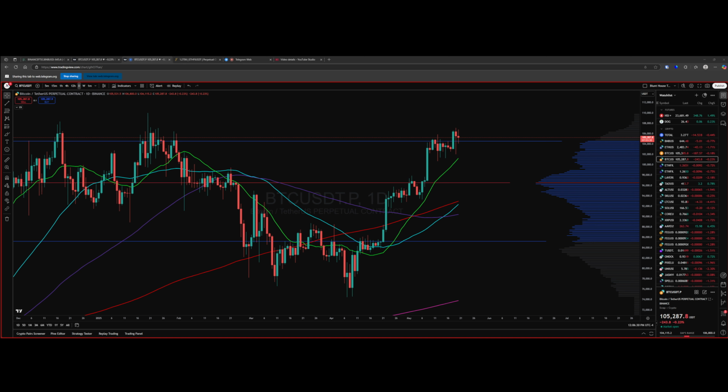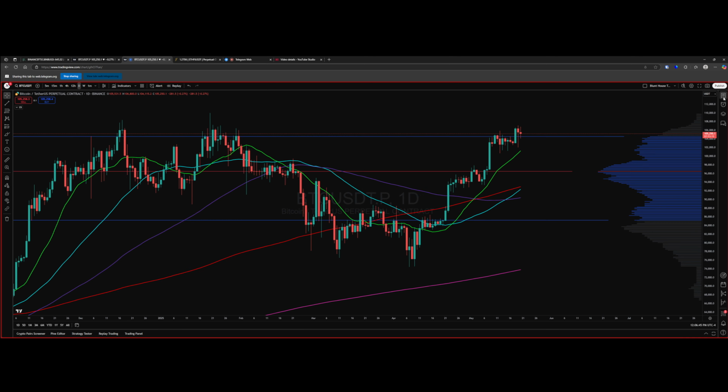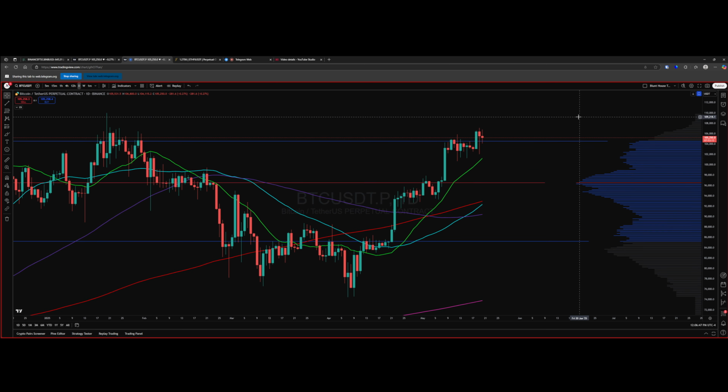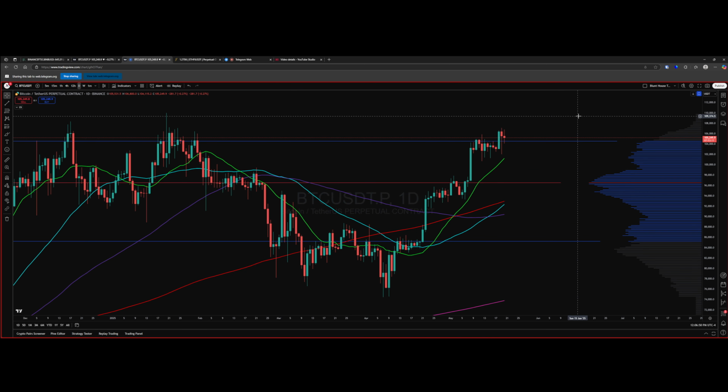What we're looking at today is just the daily chart of Bitcoin. The reason I'm showing it to you is because I know there's a lot on that chart, and I completely acknowledge that. Sometimes it feels like we have a lot going on. We have a 20-day moving average, a 50-day, a 200-day, the 100.